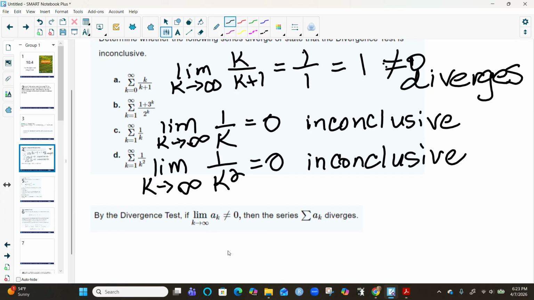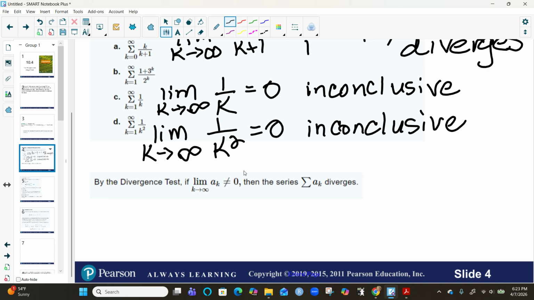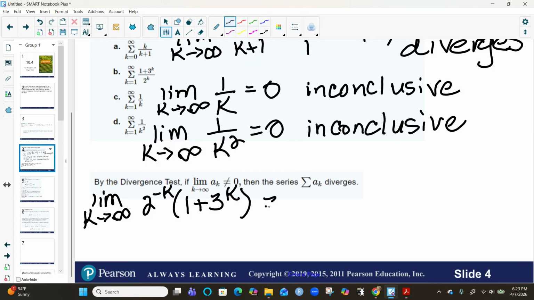Let's go all the way down to the bottom. So the limit as k approaches infinity. I'm going to bring that 2 to the k up to the numerator. And then I'm going to maybe distribute it, see what happens. So I'll have 2 to the negative k times 1.